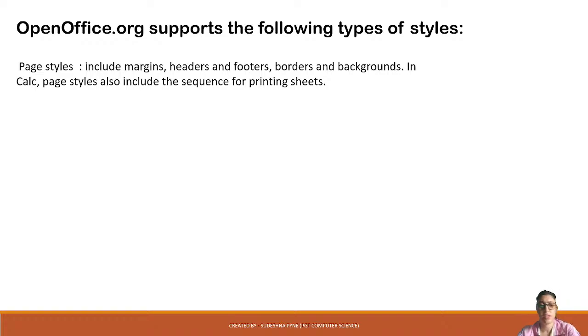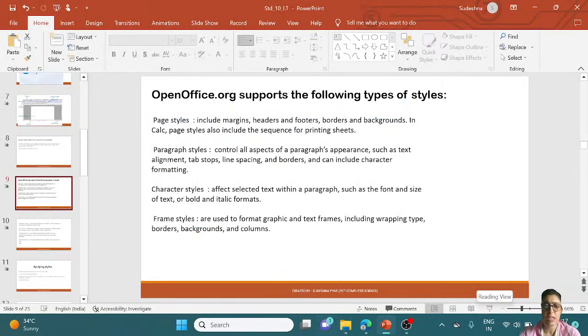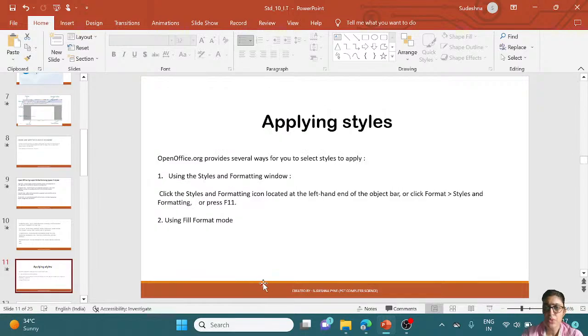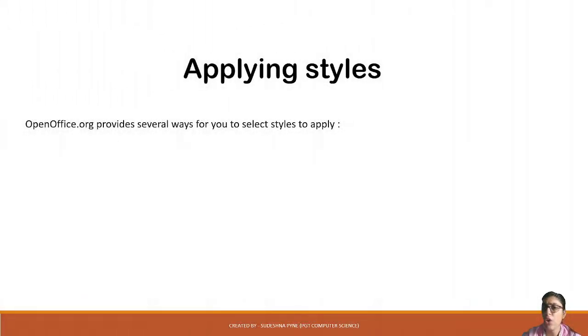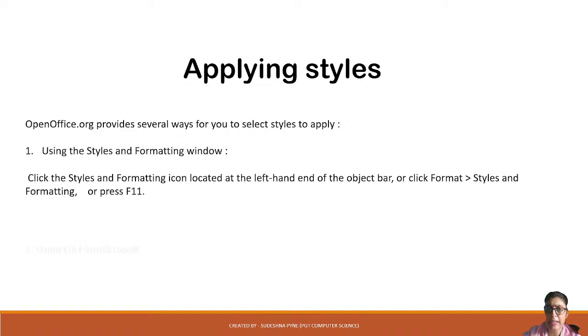Okay, all this. Today we will see how to apply these styles in Open Office itself by creating a document. First is the styles and formatting window, and second one is fill format mode.